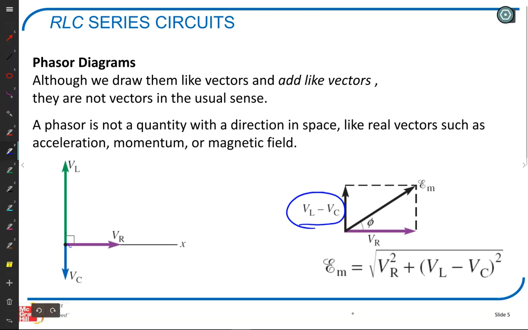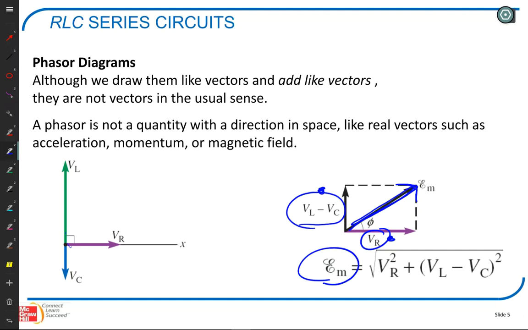Using the Pythagorean theorem, this quantity squared plus this quantity squared is equal to the resultant squared. Then I just square root and I have that resultant. The voltage across the entire circuit in this case is equal to the square root of VR squared plus (VL minus VC) quantity squared.